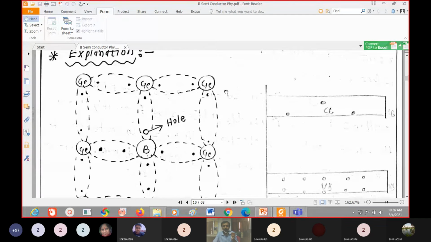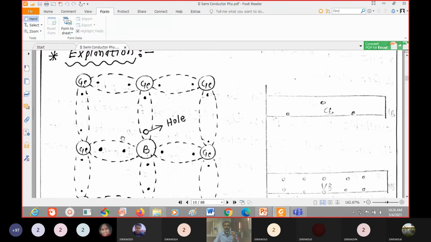Here a hole will be formed, so this germanium atom again tries to complete the covalent bond. That's why it steals an electron from another germanium atom, and here a hole will occur. So this process is continuous.